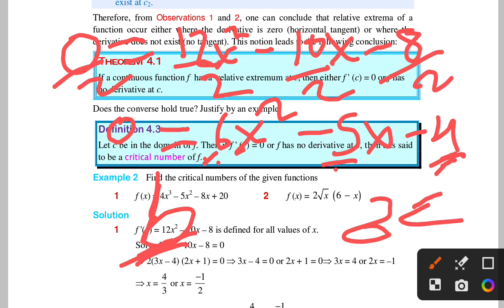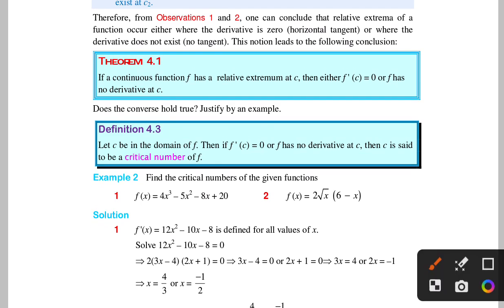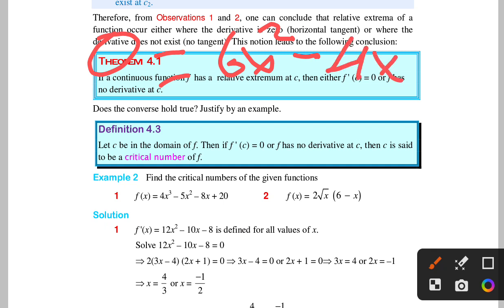So 0 equals 6x squared minus 5x minus 4.